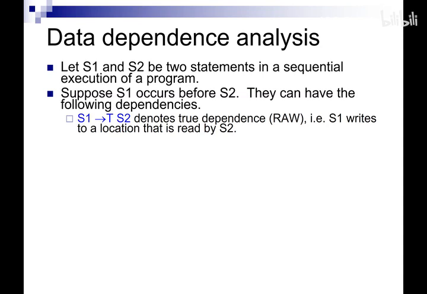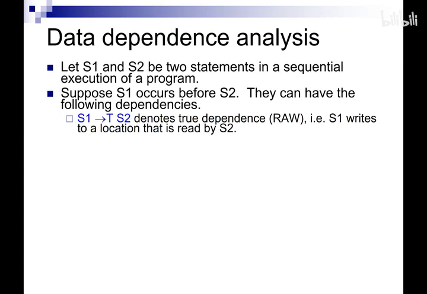So S2 has to happen after S1, because S1 writes a value and then S2 reads it later. If you were to switch the order of these operations so that S2 reads this location first and then S1 writes it, then S2 could get a completely different value, and the program can behave differently.